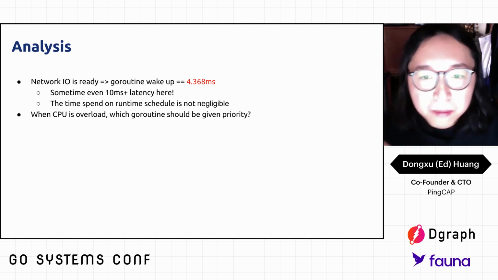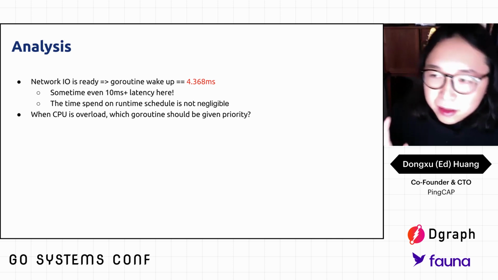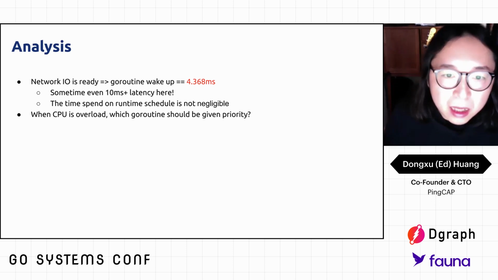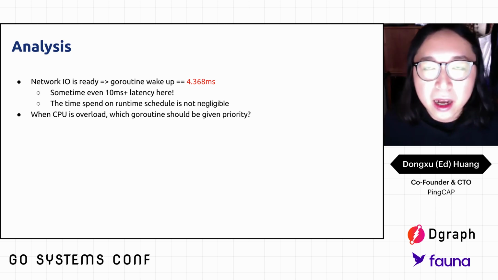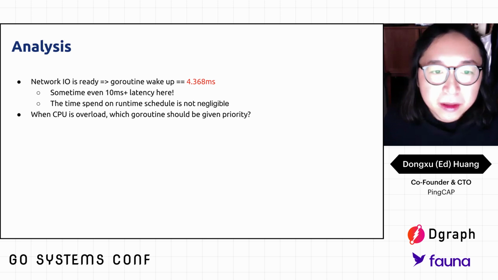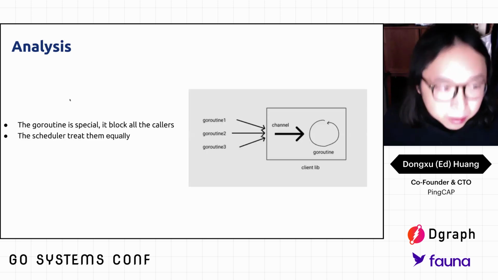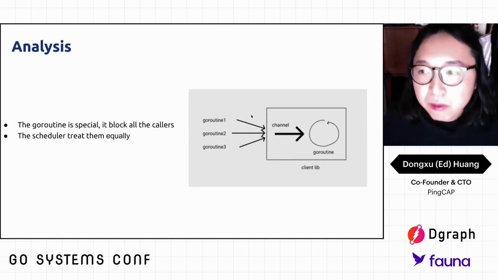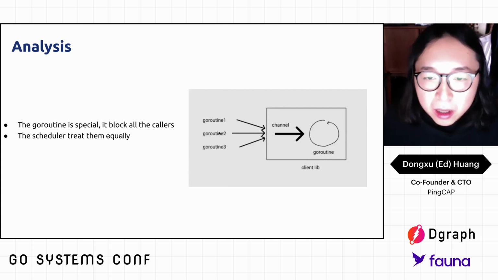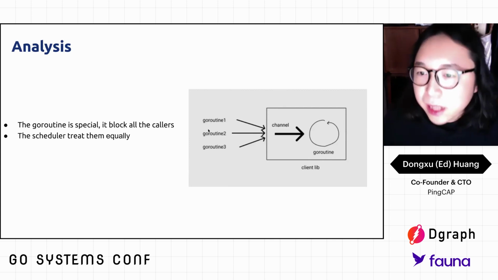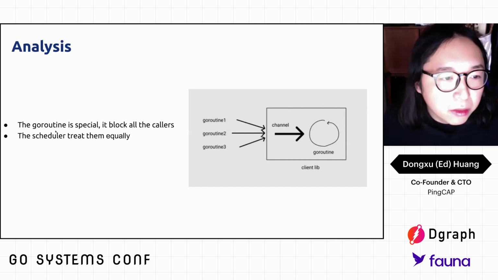The root cause of this kind of issue is the fair scheduling policy, because Go's runtime treats every goroutine the same, right? So no one is special.